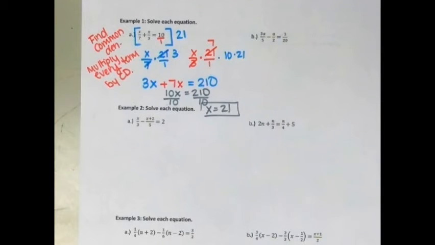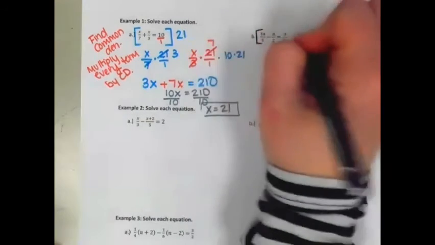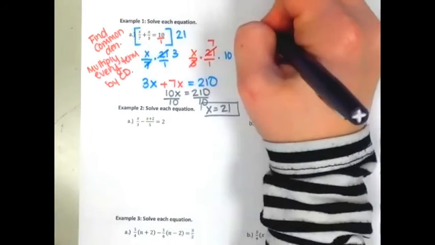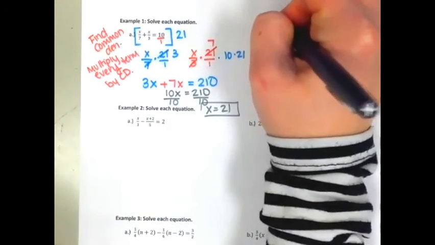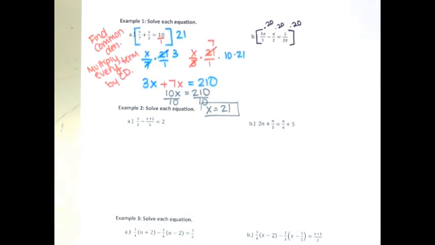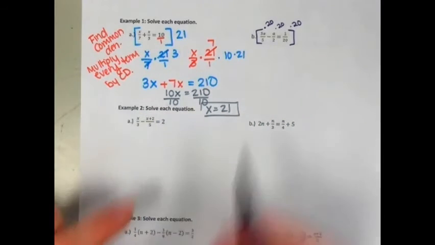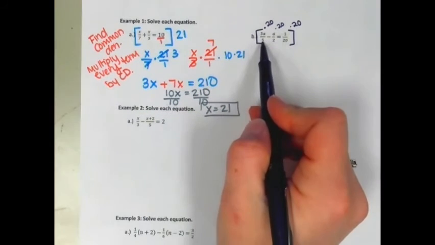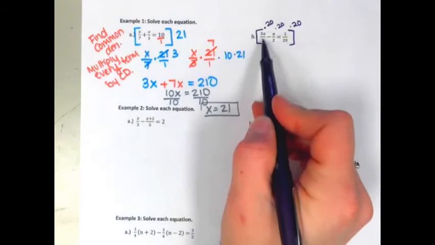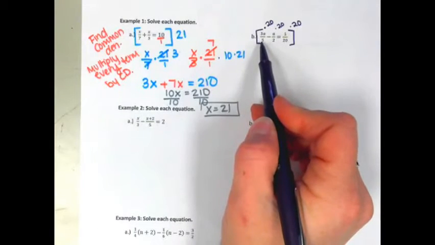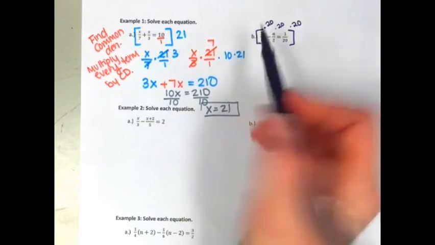What's the common denominator between 5, 2, and 10, or 20? 20, right? So I'm going to multiply everything by 20. I don't care how you write that. Okay, I just did it this way. If I'm taking 3a over 5 times 20, what's 20 divided by 5? 4, right?